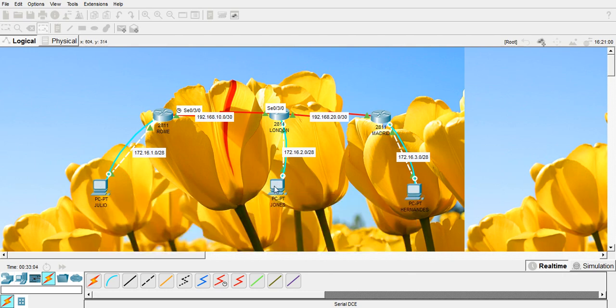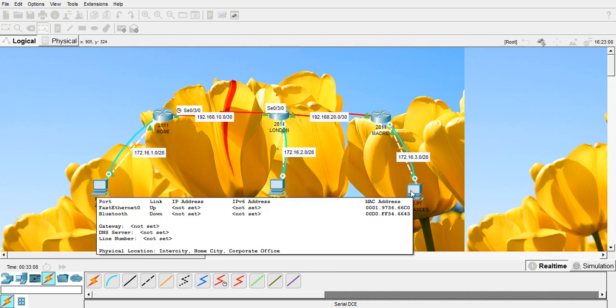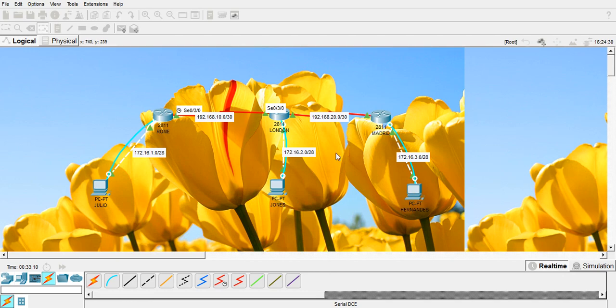Then RIP version 2 supports authentication, while RIP version 1 does not. Okay? In next class, we'll talk about EIGRP, another routing protocol. However, in this case, with EIGRP, we'll be able to configure it as well.